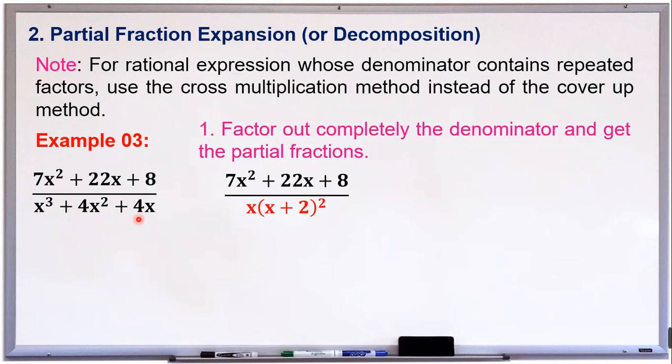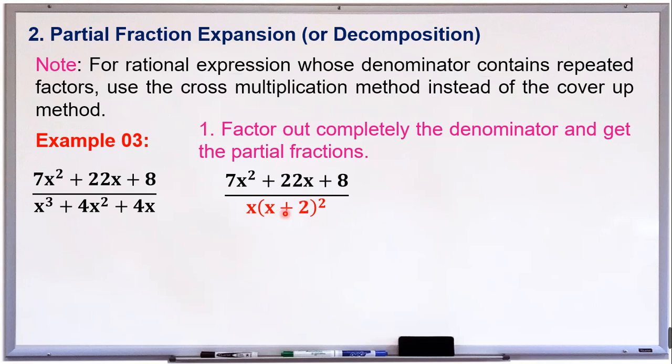Now, by following the rule in generating the partial fraction, we're going to base the number of fractions on the number of factors being generated in the denominator. So in our denominator we have three factors, so therefore we must have three partial fractions or simple fractions.